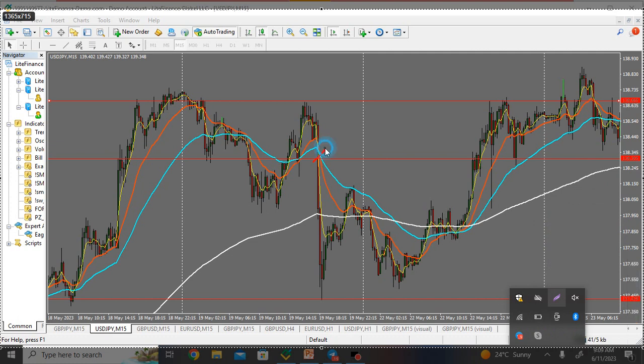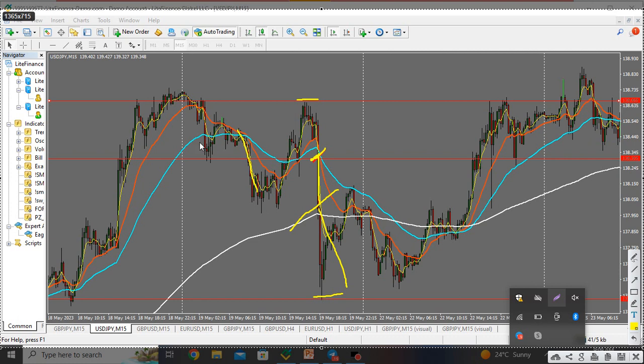If your entry is here, your stop loss should be here, and then this is the level, this is another level. So this is level 1, around here is level 2, around here is level 3. So you should be conscious of levels, guys.